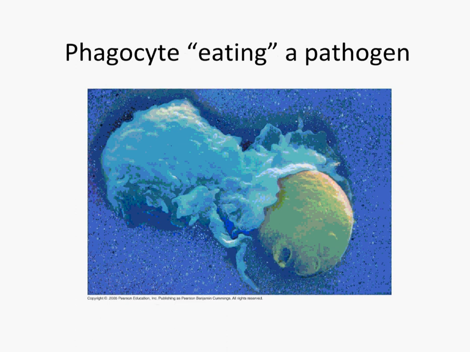There are also cells that all of us have that are called phagocytes, and phagocytes are large cells that eat other cells. And when I say eat other cells, it's anything that the phagocyte does not recognize as you. It basically gobbles it up and deals with it later.